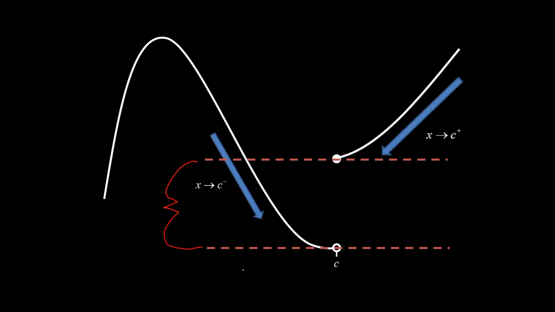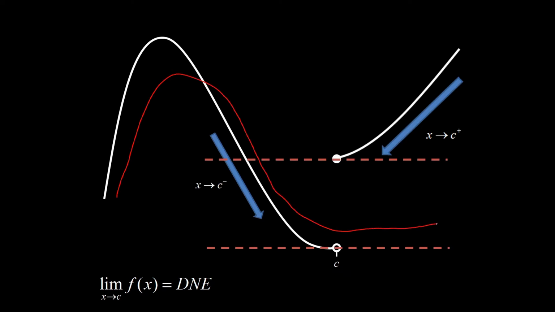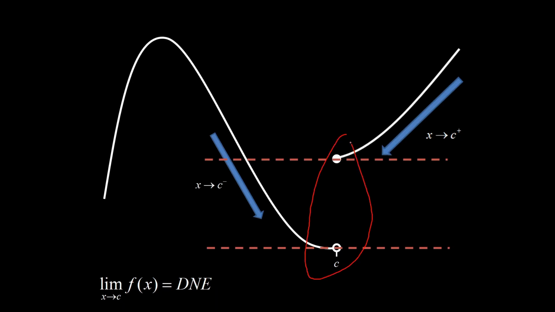They aren't converging. And so the left side and the right side don't equal, and so the two-sided limit doesn't exist. So if the function is a solid line, then the limit exists. But once we rip apart the function, the limit no longer exists at that point where we tore it apart, because the left and the right won't equal.